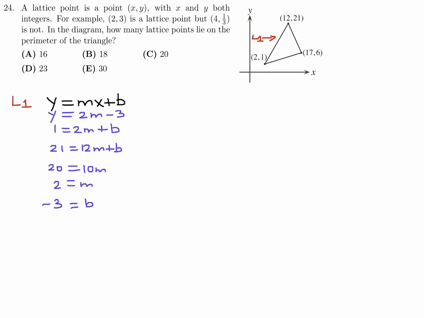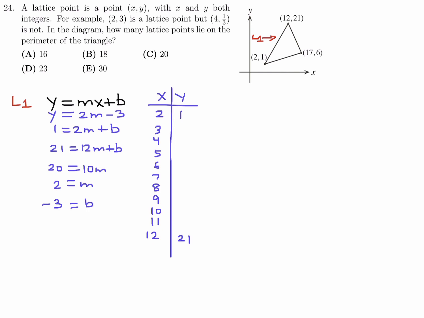So we have to make a little table and see what we get for lattice points. We're starting here, so that's the first one, (2, 1). And we're ending here, so that's the last one, (12, 21). So we have to go up in terms of integer values: 3, 4, 5, 6, like that. We're not allowed to use anything other than integers.